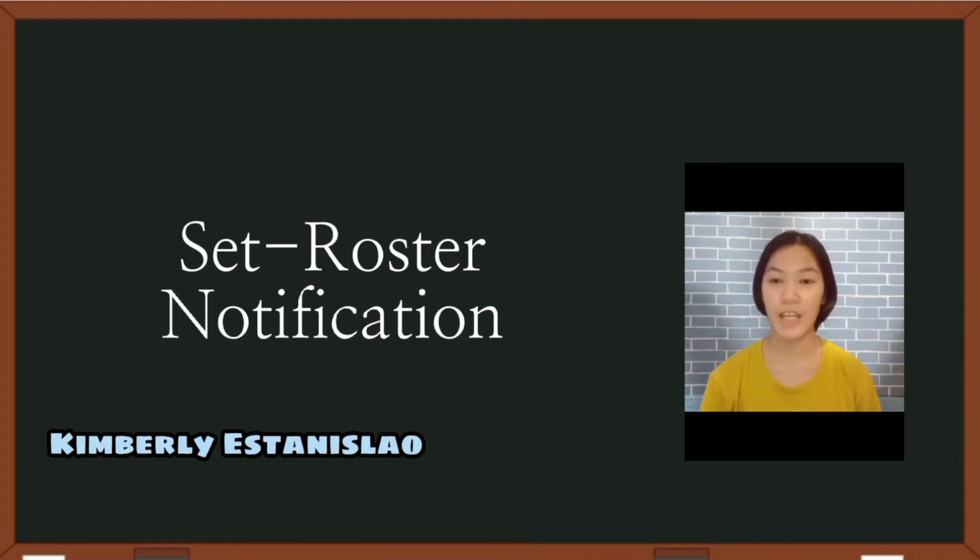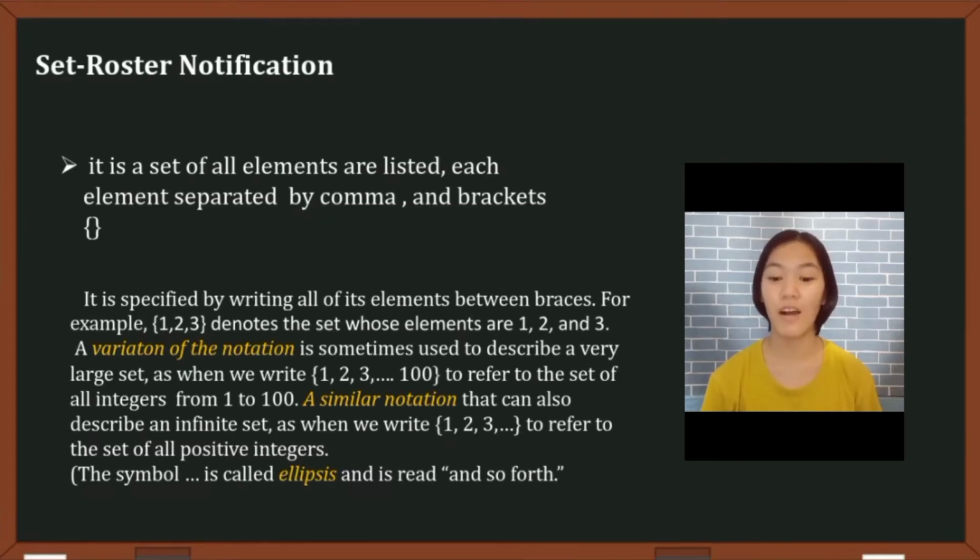Set roster notation is a set in which all elements are listed, each element separated by commas, and it is specified by writing all the elements between braces. For example, open and close braces 1, 2, 3 denotes the set whose elements are 1, 2, and 3.